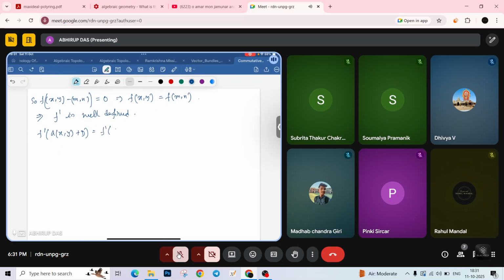This is f prime of (ax, y) plus D, right? All these are equalities. So this thing and this thing are equal, quotiented out by D, I mean in the quotient module, which implies, and what is this by our definition, right?